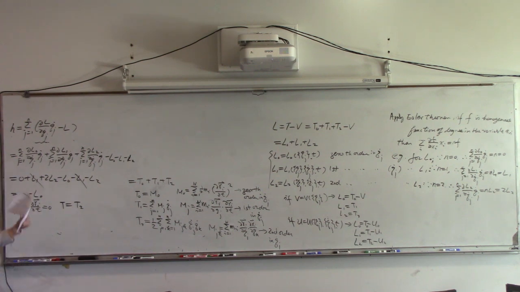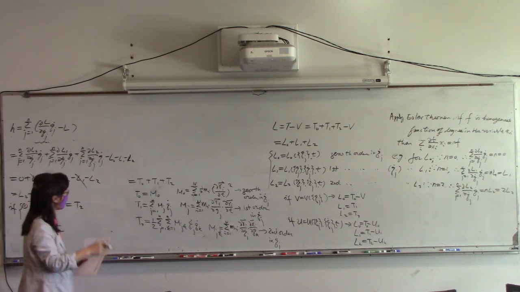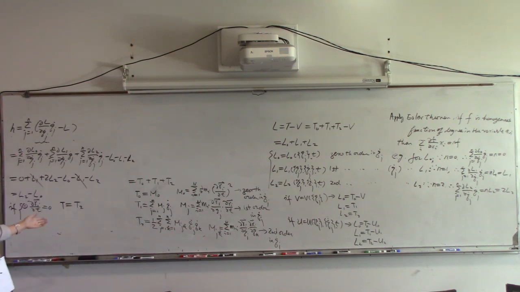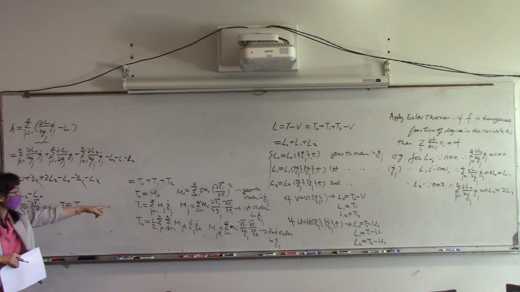So then T naught is only T2. We know that the total kinetic energy is r dot squared, but now this T2 is the generalized velocity squared, so that is different.